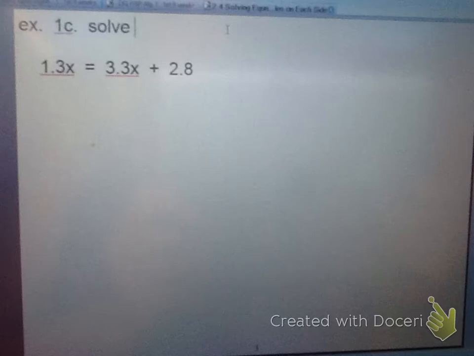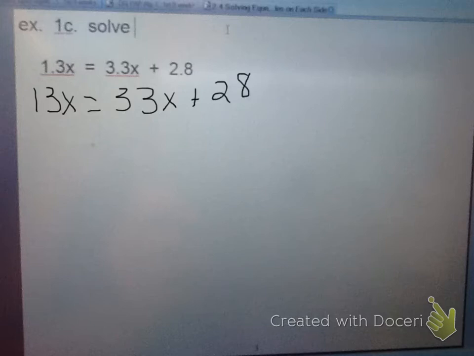Example 1c, I'm going to clear my fractions by multiplying each term by 10, which is the same thing as moving the decimal to the end. So that's 13x is equal to 33x plus 28. Now, normally I would move the 13x with the 33x, because to do that you would avoid having a negative number.